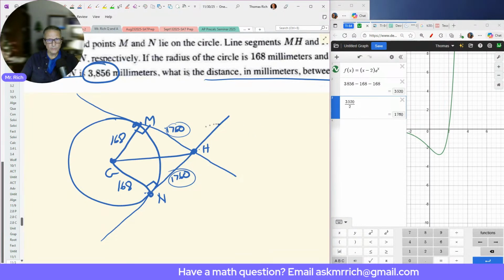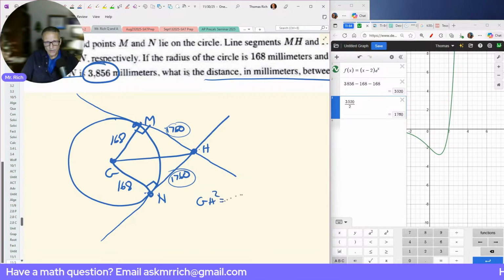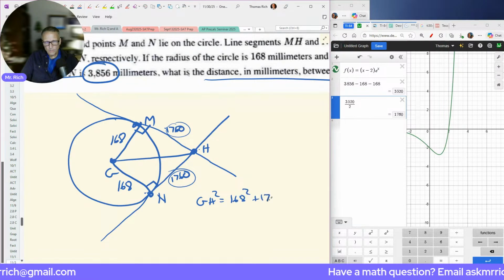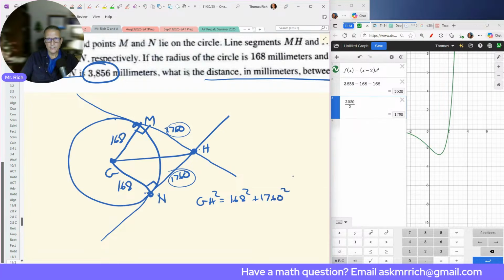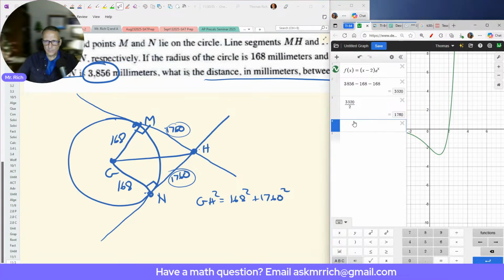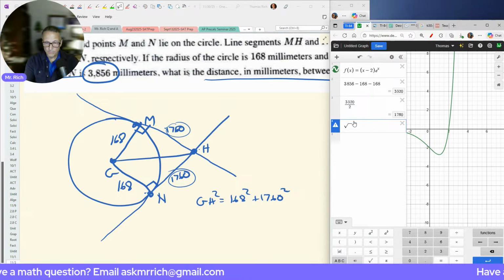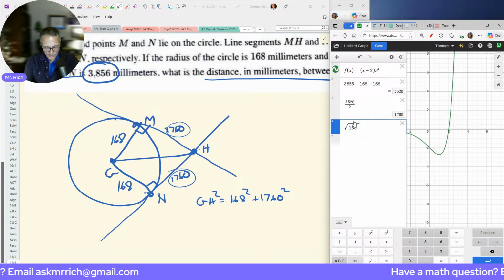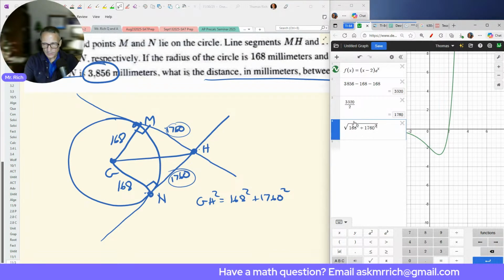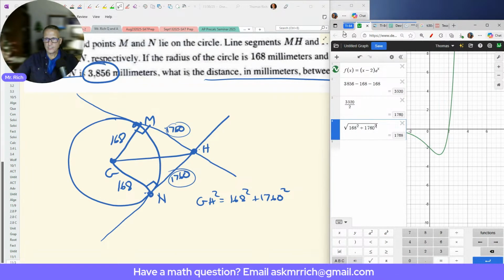Now I can use the Pythagorean theorem. So that distance GH squared has to be equal to 168 squared plus 1760 squared. So I'll do this as one calculation: square root of 168 squared plus 1760 squared, and I get 1768.